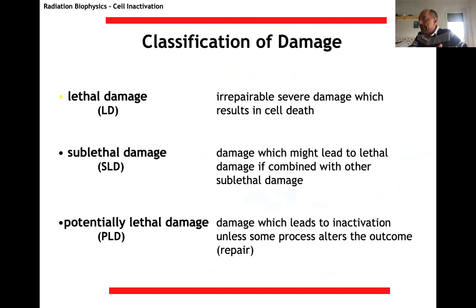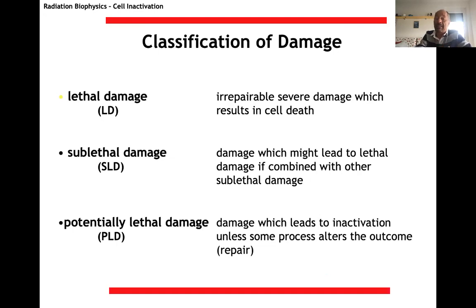Also, classically, of course, now with our molecular biology knowledge, we have to try to transform these words in a more modern way. But classically, you call lethal damage irreparable severe damage with resulting cell death.